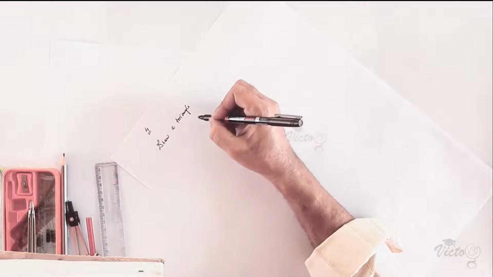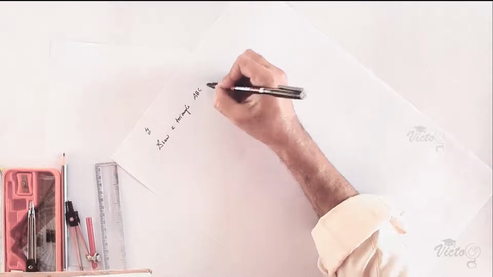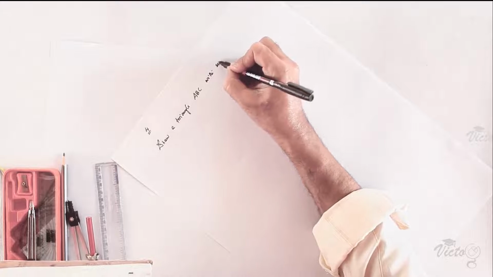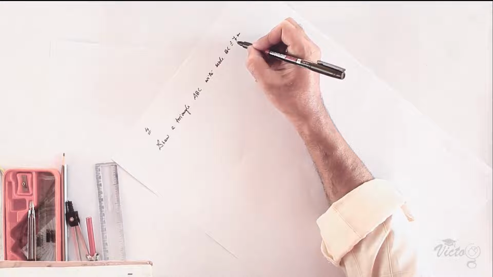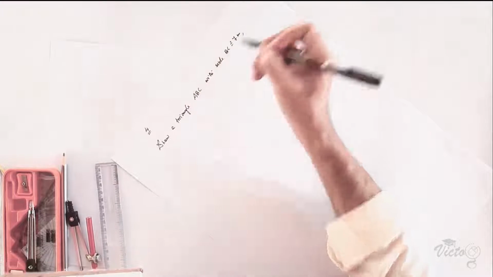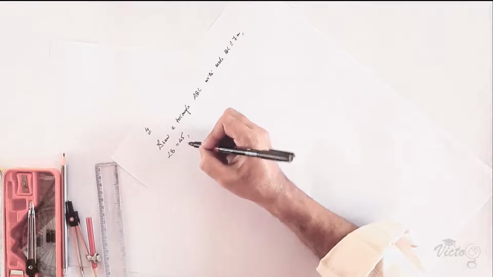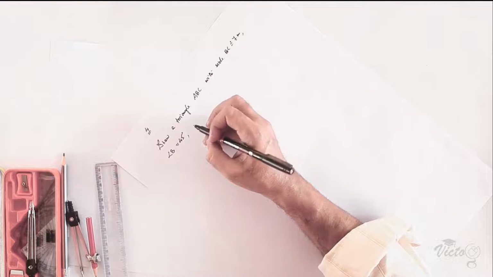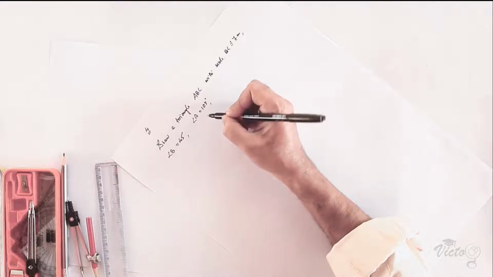Next construction: draw a triangle ABC with side BC equal to 7 centimeter, angle B equal to 45 degree, and angle A equal to 105 degree.